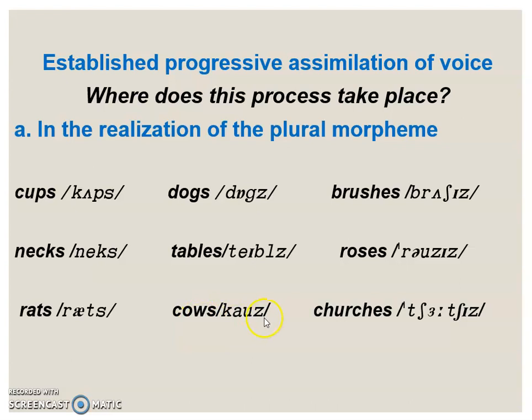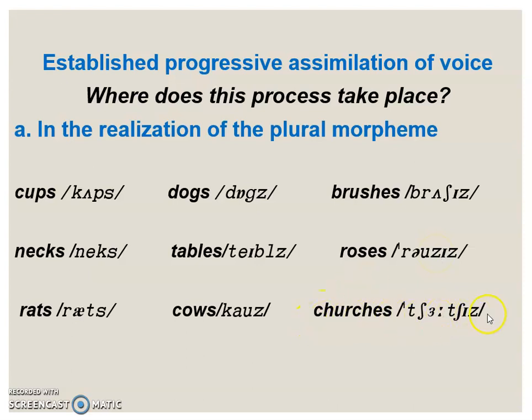Cow, cows. Ow is a diphthong, and we know that vowels and diphthongs are always voiced. So the plural morpheme is realized as a voiced sound z, because the previous sound is a voiced, non-sibilant sound.